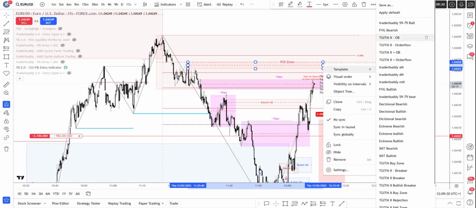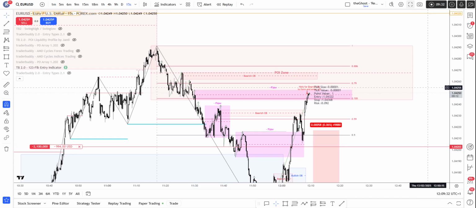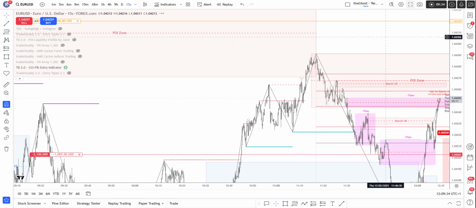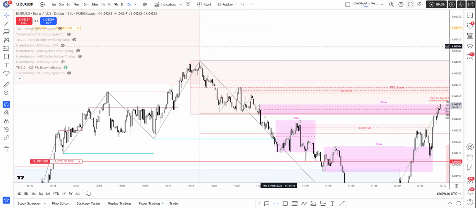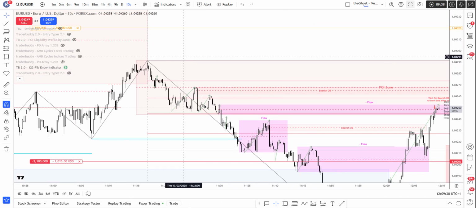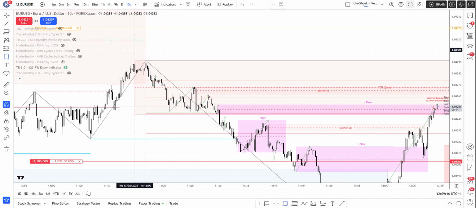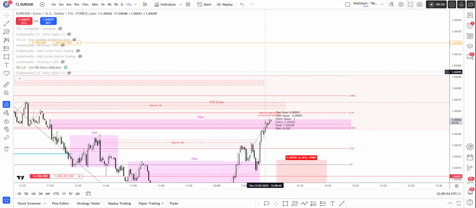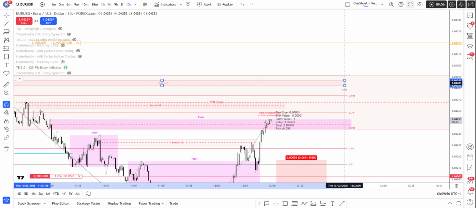Is that correct? Yes, takes out the low. And then we have the extreme, which is here we take out the high and there the low. And is that traded too? Yes, that is traded too. So then the only thing that is open is this order flow is traded and this POI zone. Okay, well, this is the extreme.